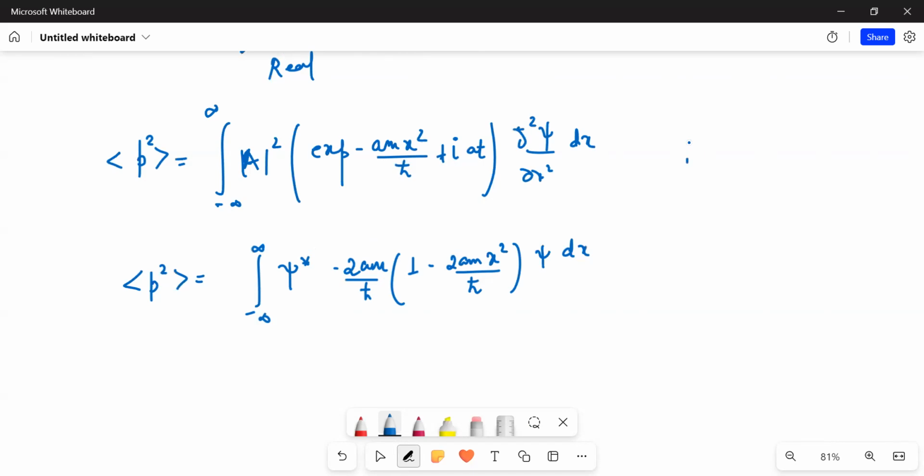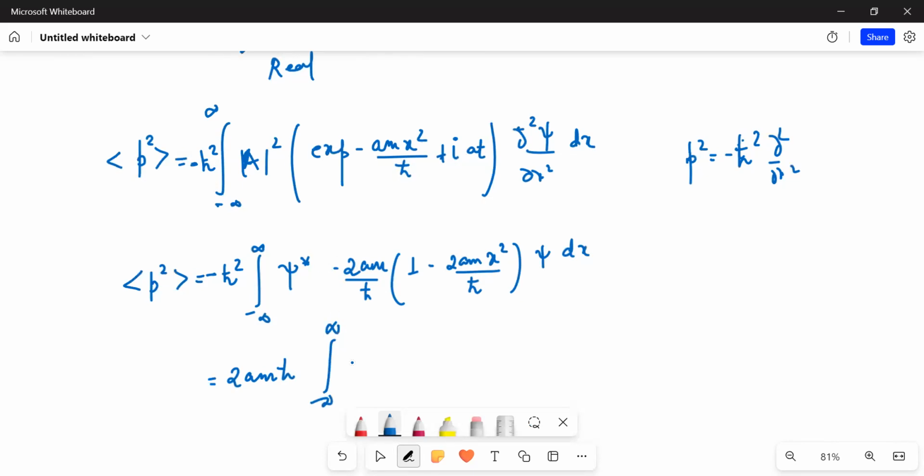I know that my p square would be equal to h cut whole square and then del square upon del x square. So I missed one negative here; minus h cut square I have to write. So I've written minus h cut square here. I'll absorb this up, so this will become 2am h cut here, because this gets cancelled and this negative gets absorbed here.